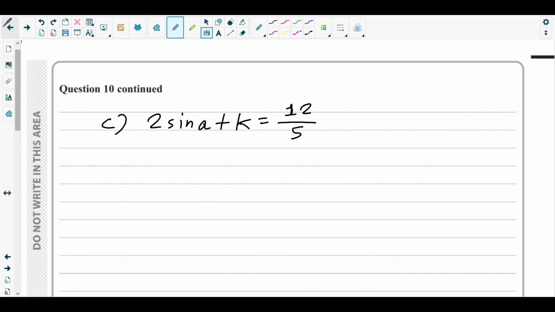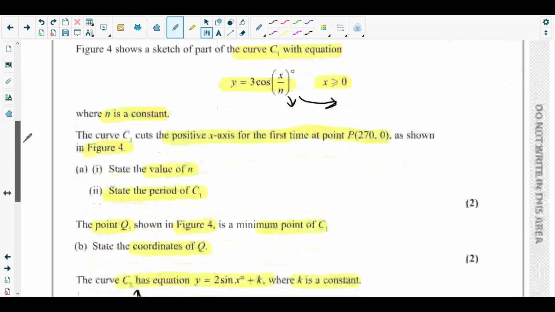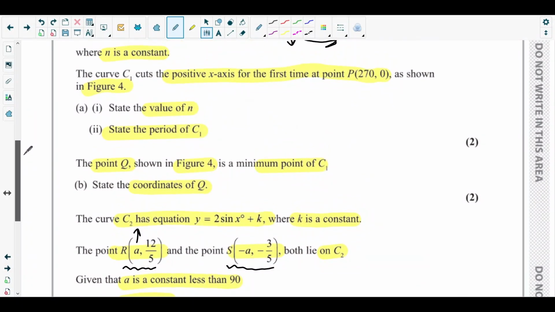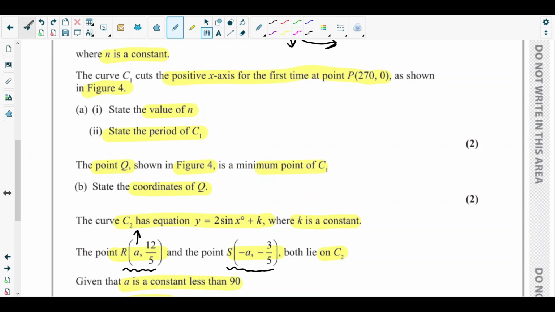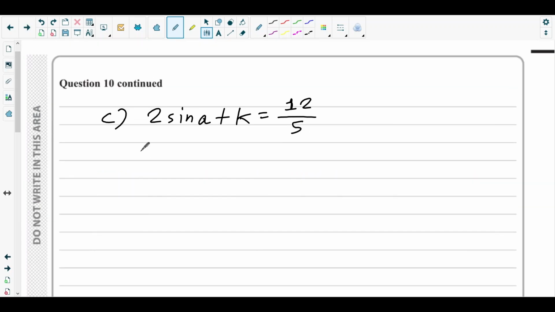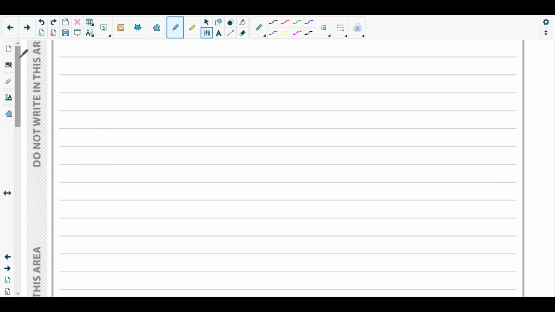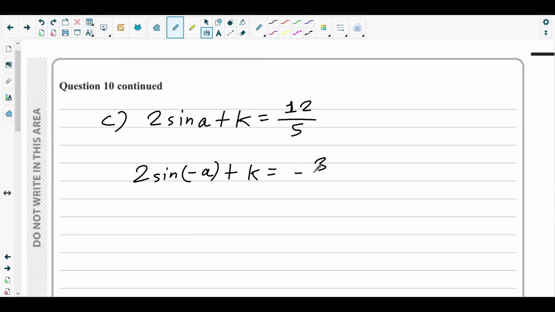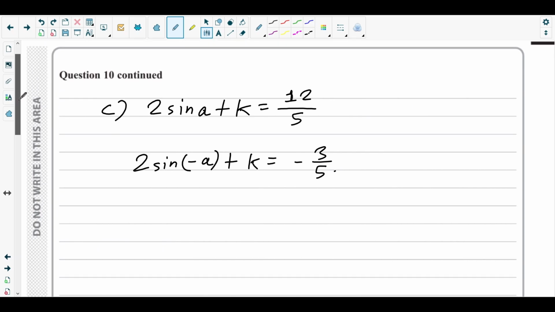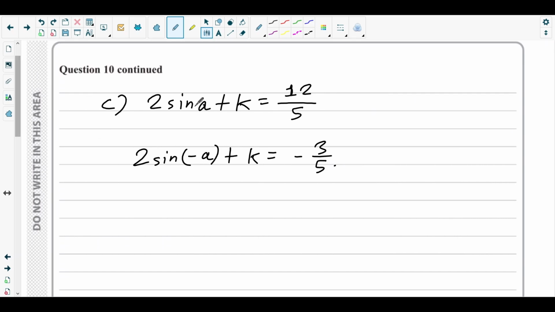This is the first equation as we substitute the coordinates of point R. And the second equation is 2 sin(-a) plus k equals the y coordinate -3/5. Okay, let's have a look.